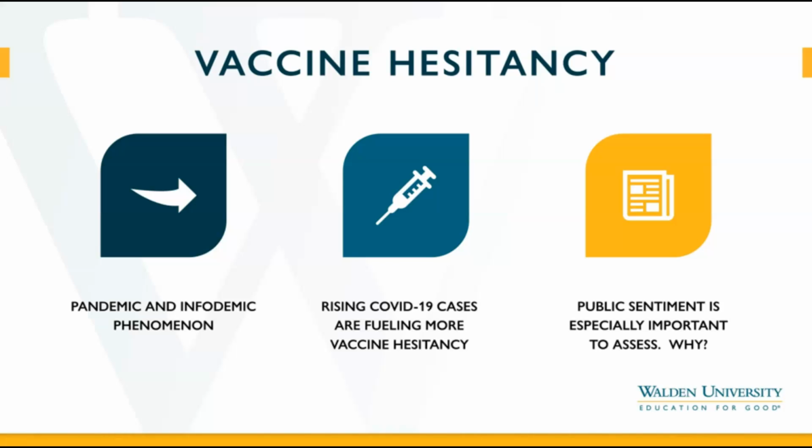Vaccine hesitancy, of course, just talking about the infodemic and how there was a flux of information, how Bruce explained all of this, how there was information that seemed to multiply exponentially.